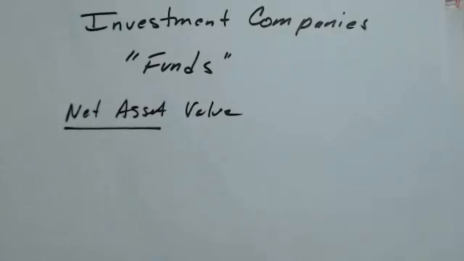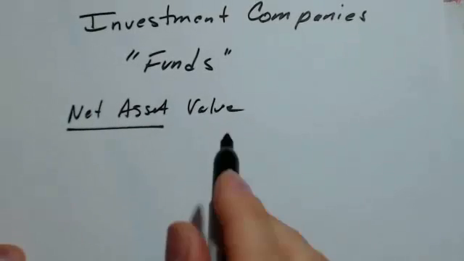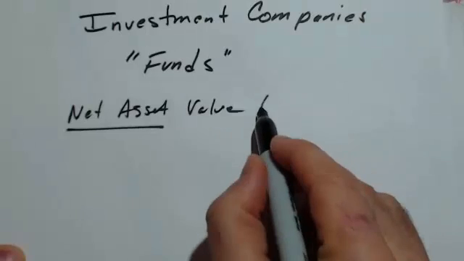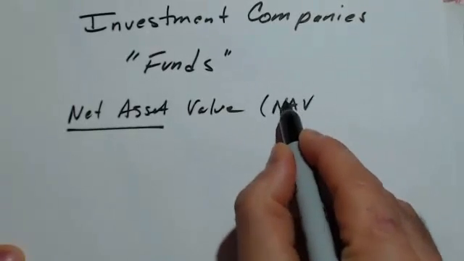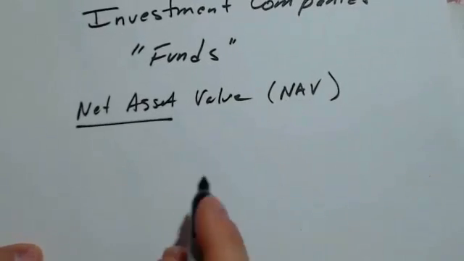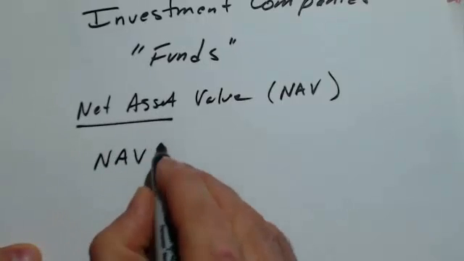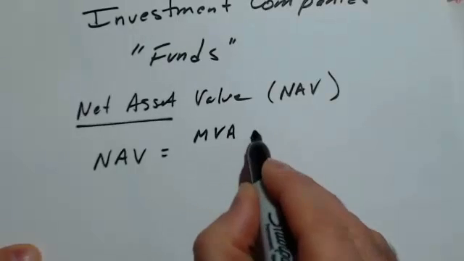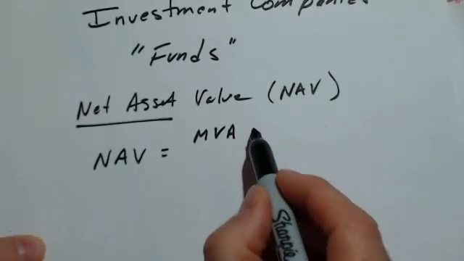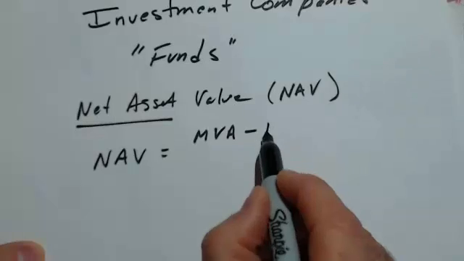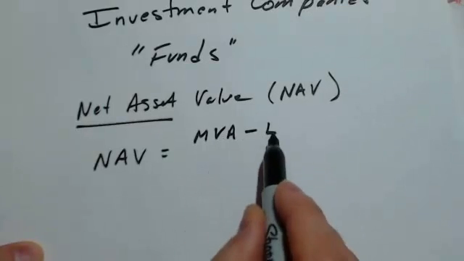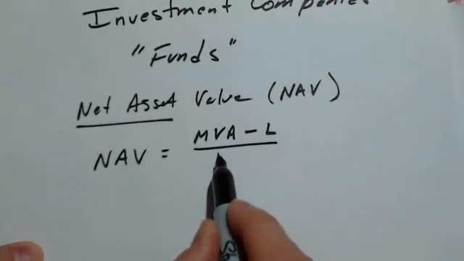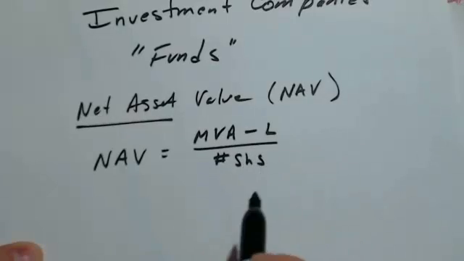So the net asset value per share, which we call the NAV for short, is computed as the equity value per share. You're going to take the market value of the assets in the portfolio that the fund owns, minus its liabilities, and that's the equity, divided by the number of shares outstanding of the fund.